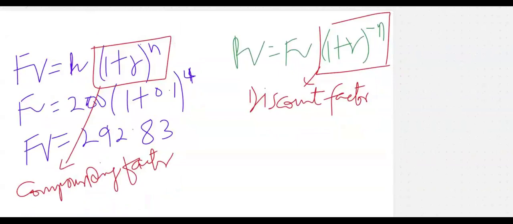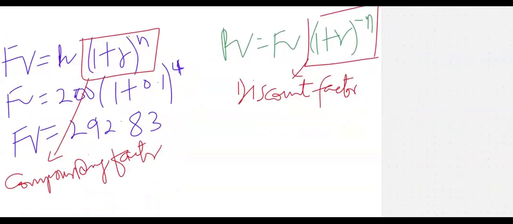So for the discount factor, let's assume that I want to have 620 Ghana cedis in future. That's the future value, right? And if I were to invest an amount, I don't know what the amount is now, but upon the investment, I'll earn 620 cedis in future at the rate of, let's say, 0.15 for 3 years.